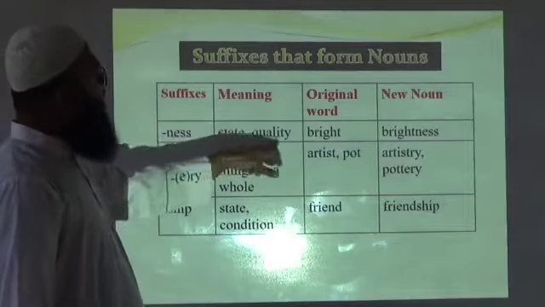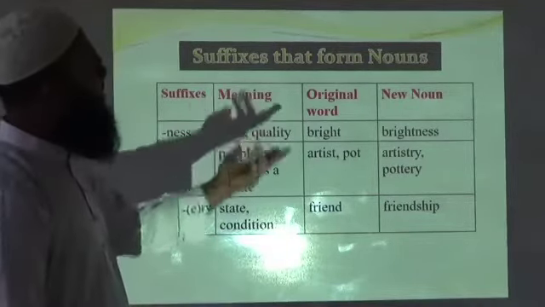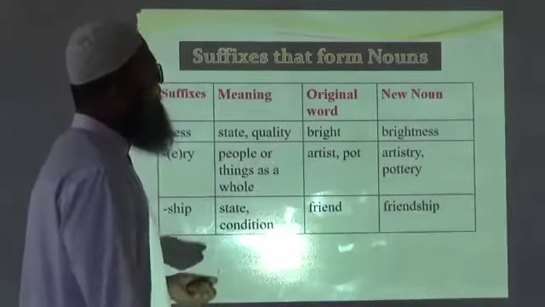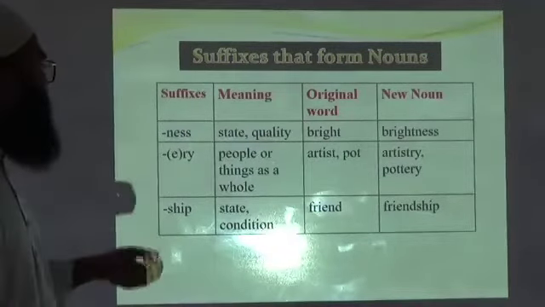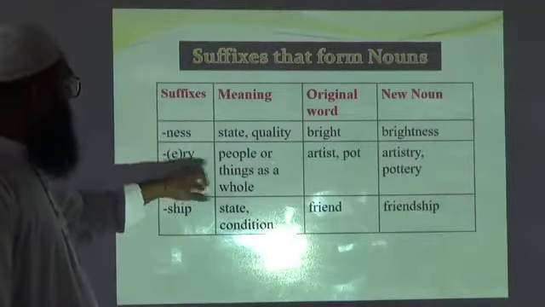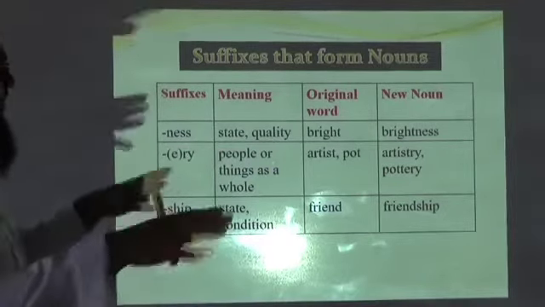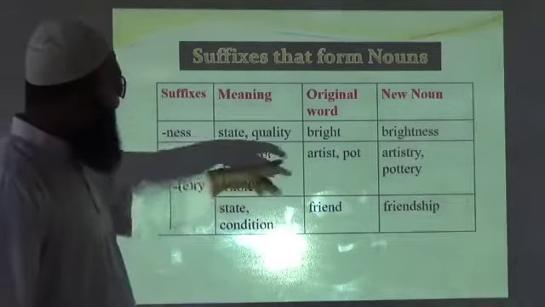Next, NESS, state, quality. It also shows the quality of something. Bright is an adjective, উজ্জ্বল. Brightness, উজ্জ্বলতার নাম হচ্ছে brightness. ERY, people or thing as a whole. That means the people of an arena.